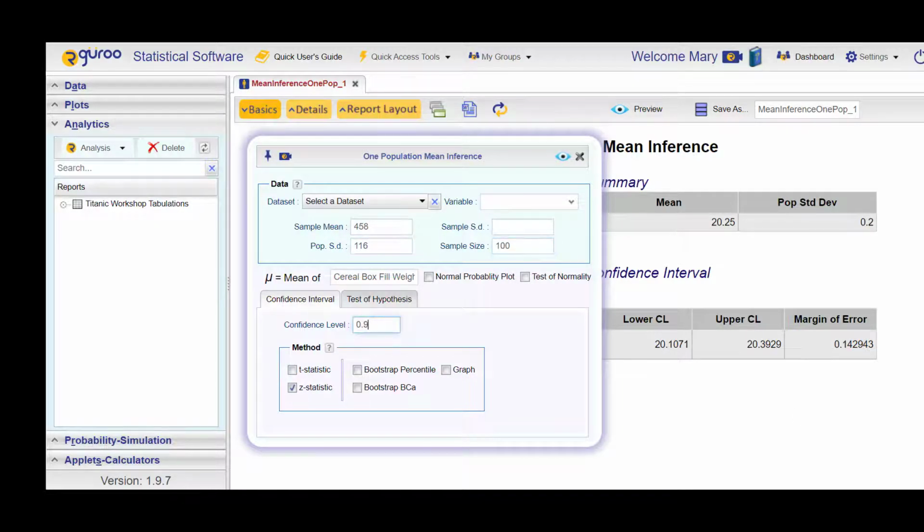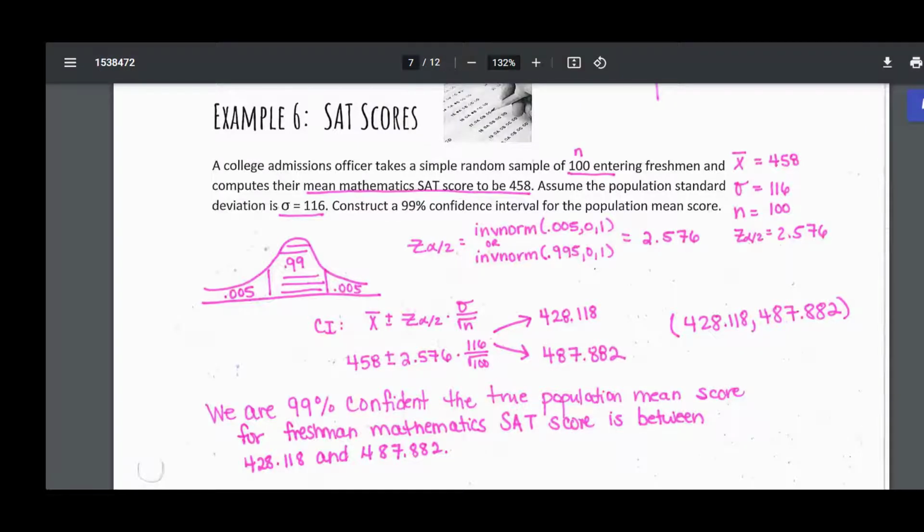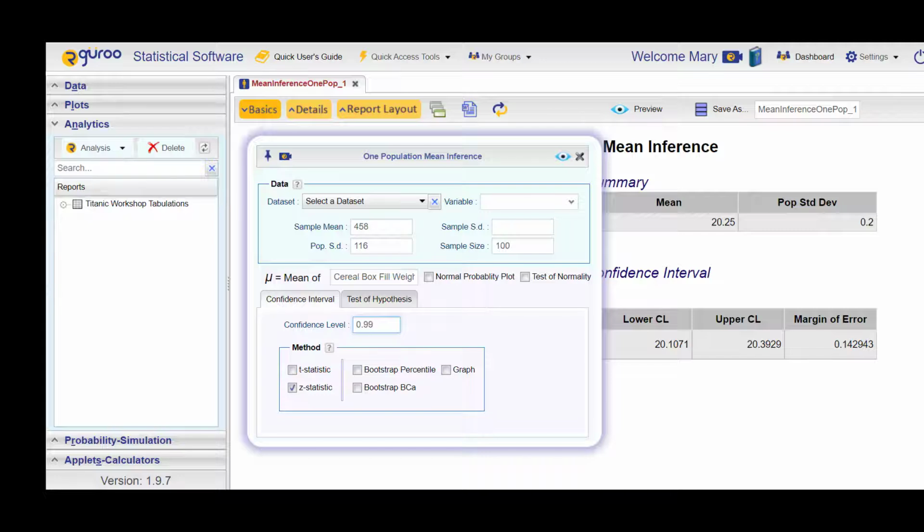And I believe the confidence level was 0.99. Yes. And we need to change this. This is the mean of the math SAT score. And make sure I choose Z statistic again.